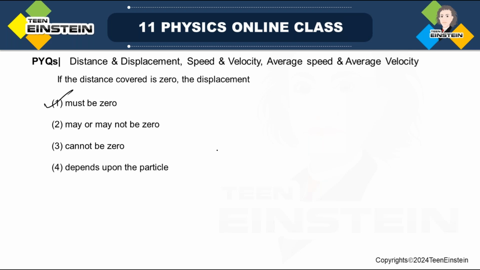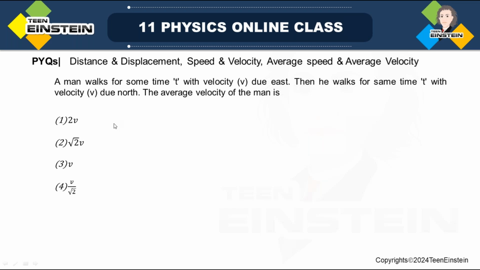Displacement means what? Change in the position. If the distance covered by the particle is 0, then automatically the change in the position will be 0. So that will be obviously 0. So this must be 0. Okay, displacement must be 0.